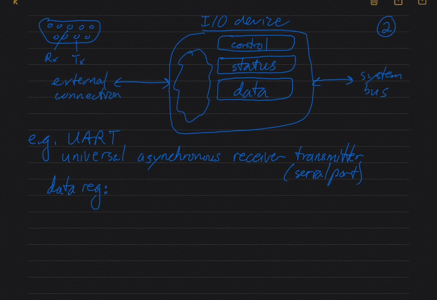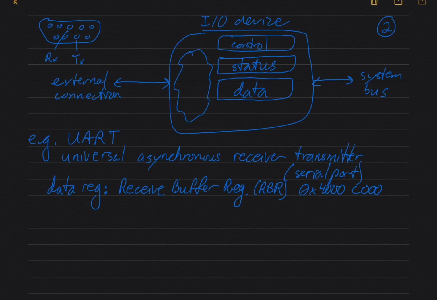One of them is called the receive buffer register, or the RBR, and we're going to be looking at this, and that is mapped to address 4000C000. So if we read from that memory address, we're going to get 1 byte that came in from that external connection, and we'll read it into a register in the processor.